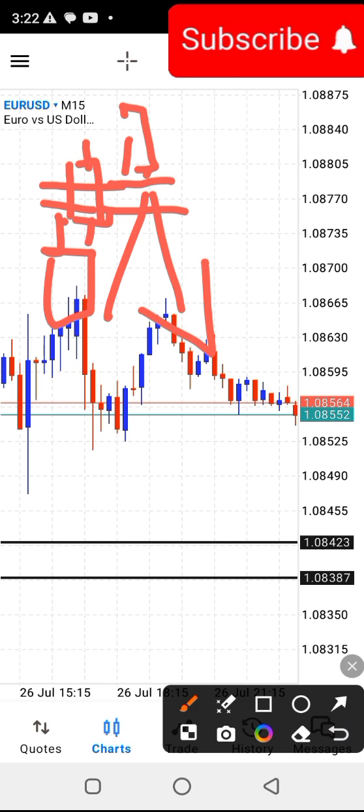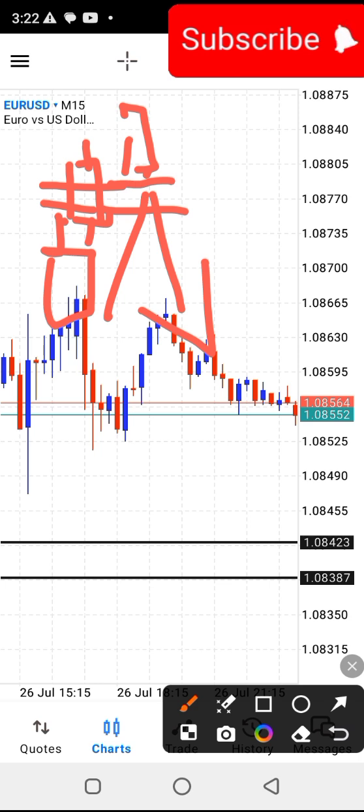You are waiting for price to come into that fair value gap and give you an opportunity to sell. So you place your trade and you're waiting for price to come into that gap, but what you notice is that price just went past the fair value gap as if it's not there. But while price was doing that, it also printed a new fair value gap, which is now bullish. So you have a bullish fair value gap to the right and a bearish fair value gap to the left, which just failed.